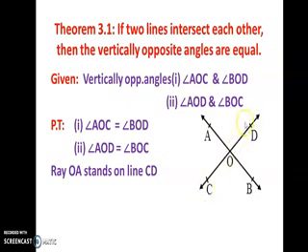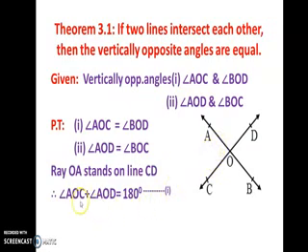Consider this CD as a straight line, and this OA is a ray standing on it. Now, according to the linear pair axiom, angle AOC plus angle AOD, these two are the adjacent angles. So, angle AOC plus angle AOD is equal to 180 degree, isn't it? Let it be equation number 1.